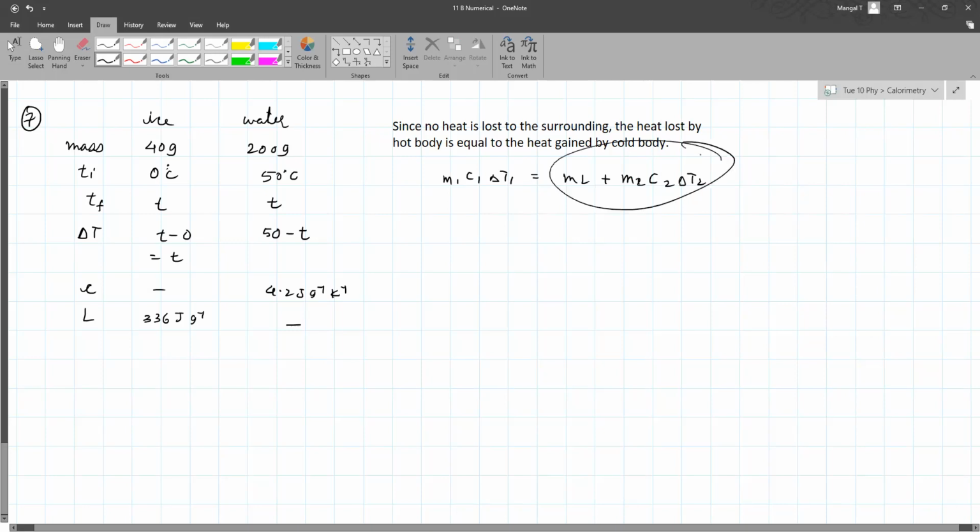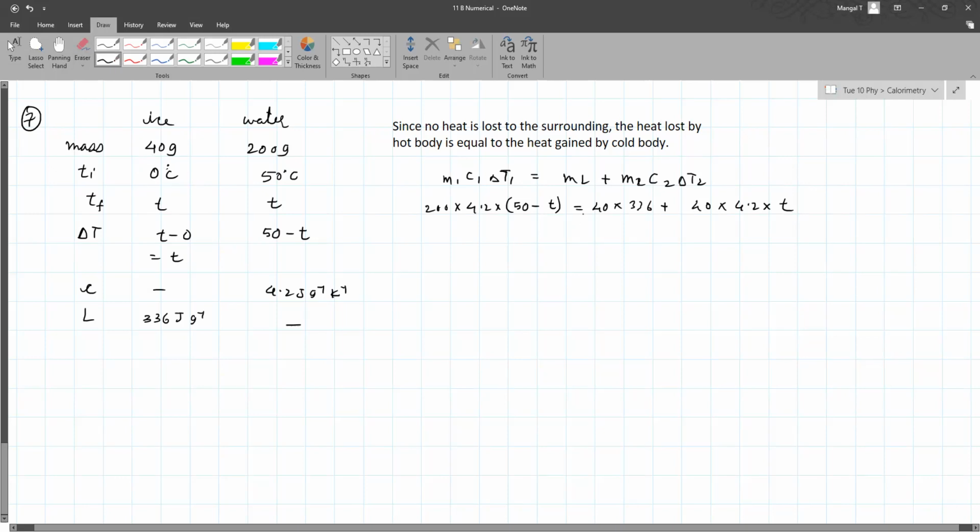So this you need to understand, okay? Because if you put the values in the correct formula, that is simple algebra to get to the answer. The physics is understanding this, okay? So in this particular case, 200 grams of water, this is 4.2, and this is 50 minus T. So that is 40 into 336, and this is 40 into 4.2 into T. That is just T because the initial temperature is 0.